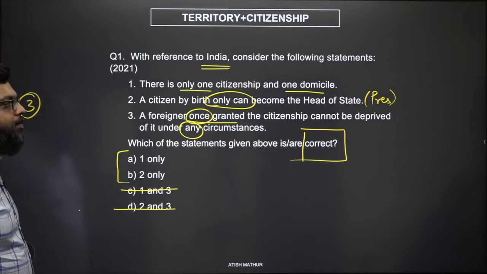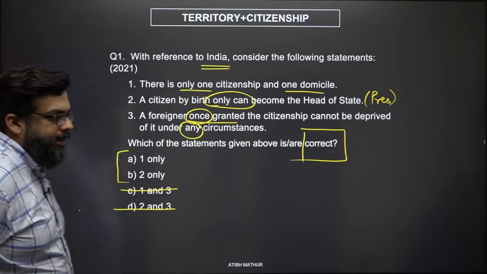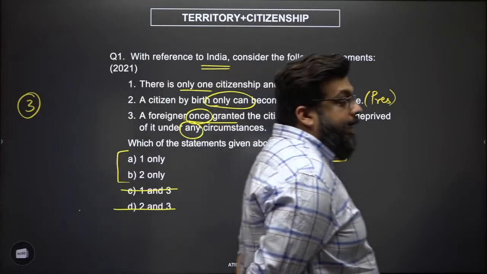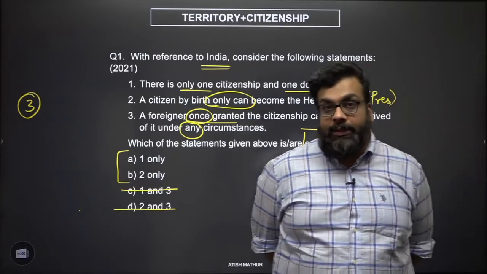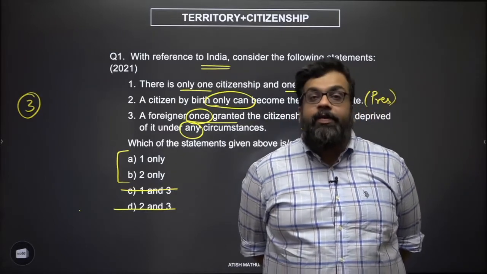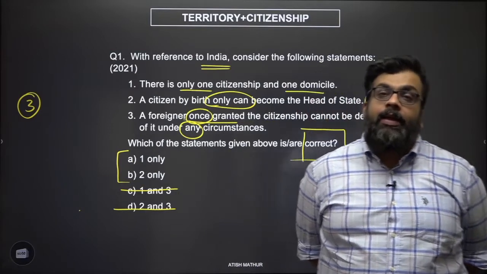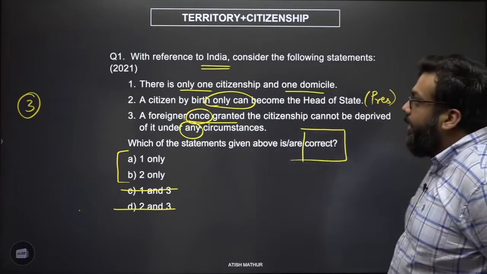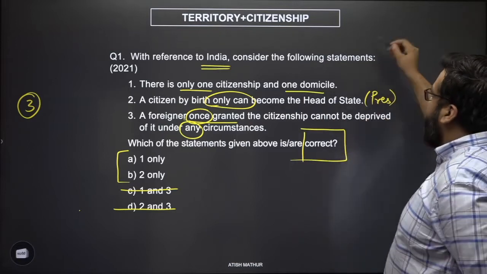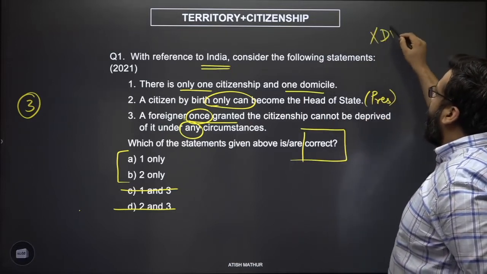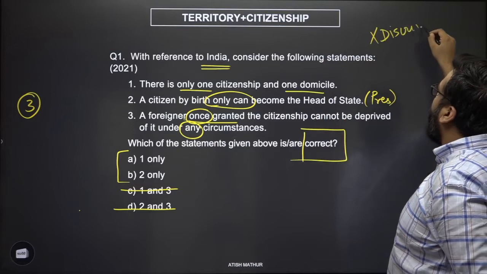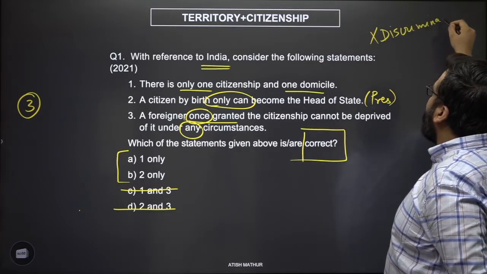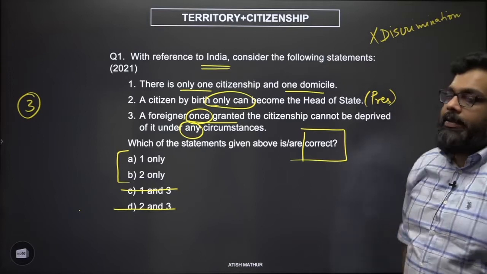A citizen by birth can only become the head of the state. Now we understand that India comes from the context of the partition, which means we've had a fairly destructive and a fairly complicated past. And India, unlike the US, has not discriminated on the basis of how one becomes a citizen and the benefits that one gets out of it.